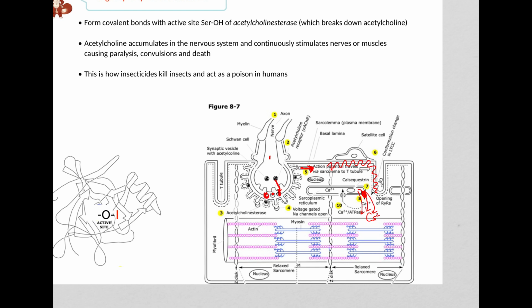Large amounts of calcium. And this calcium will then trigger the muscle to contract. Basically, the actin filaments will slide across the myosin filaments, and this muscle contracts, becomes shorter.